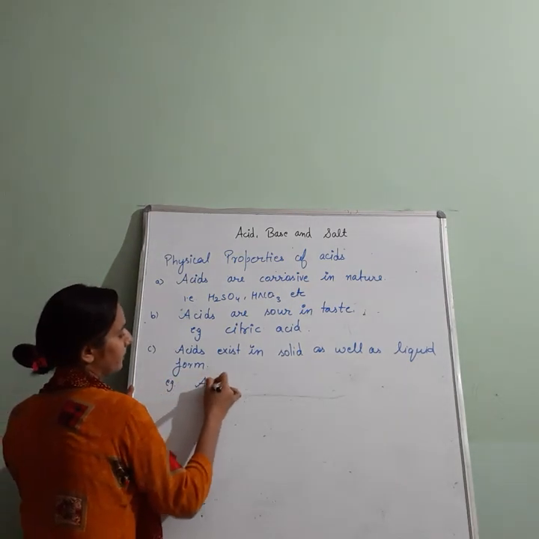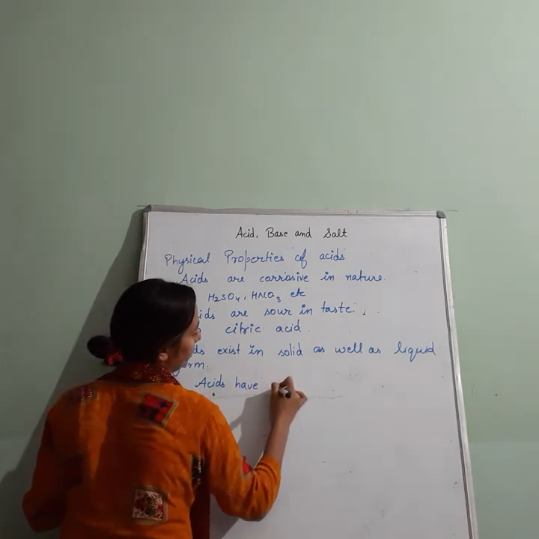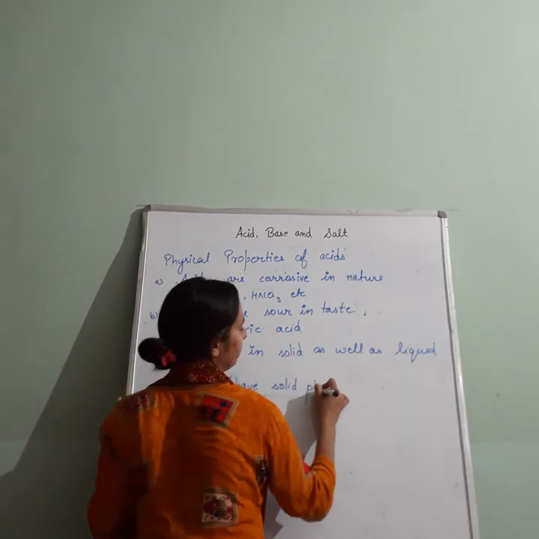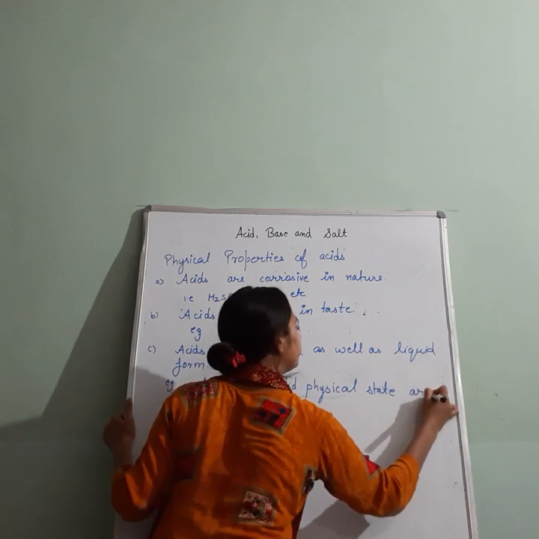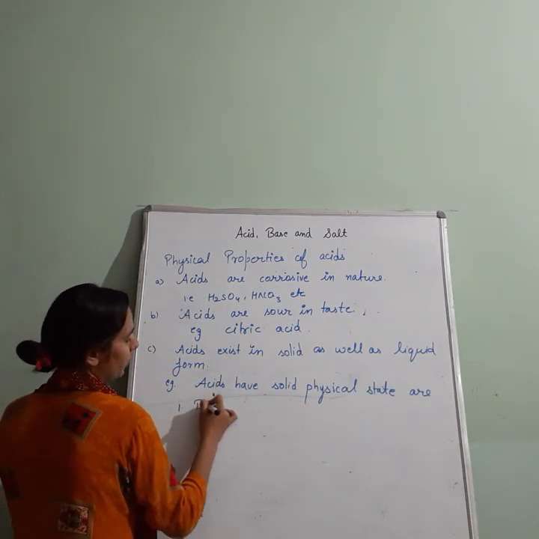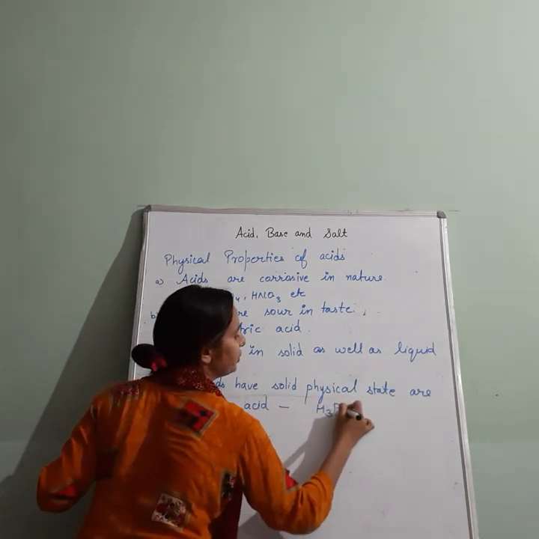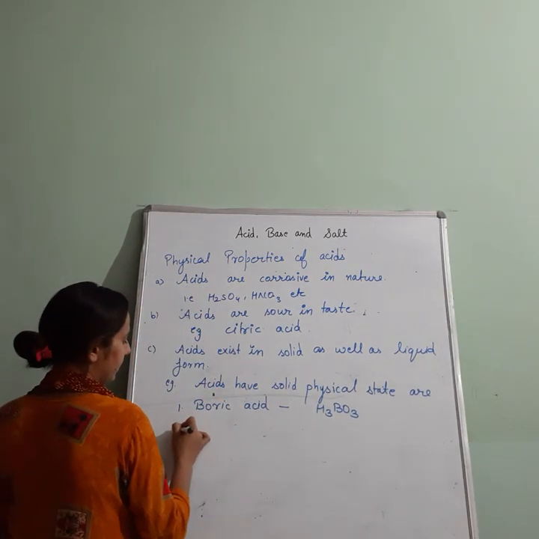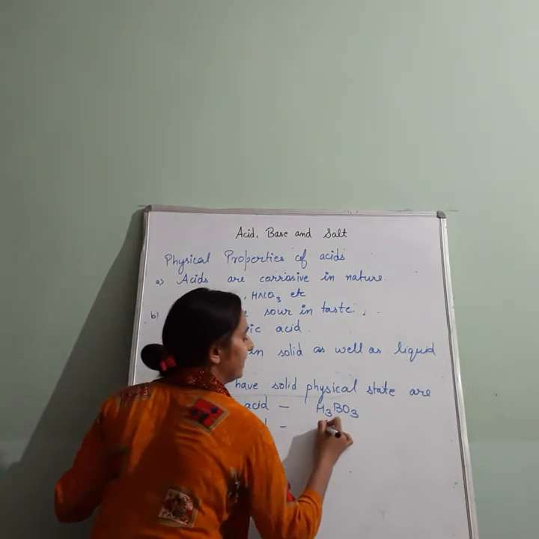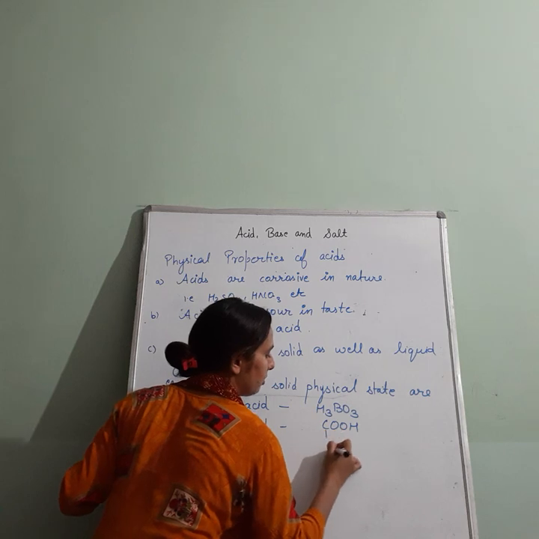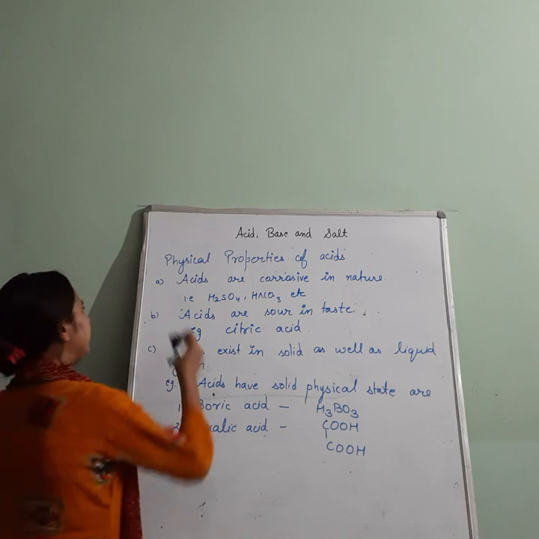Examples of acids which have a solid physical state: the first one is boric acid, formula H3BO3. The second one is oxalic acid, formula COOH single bond COOH.